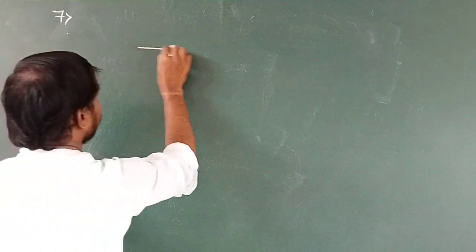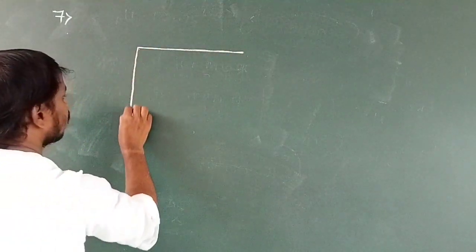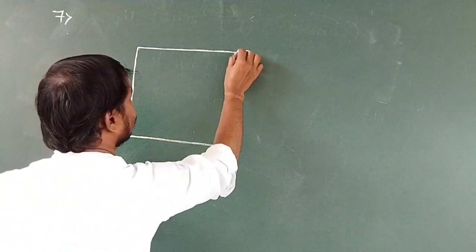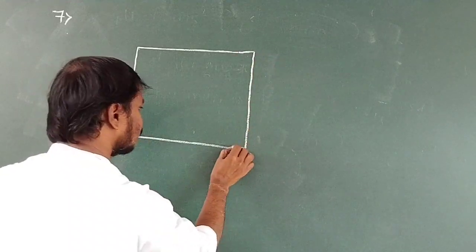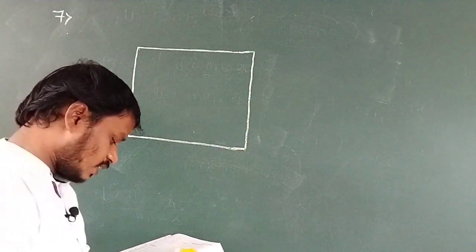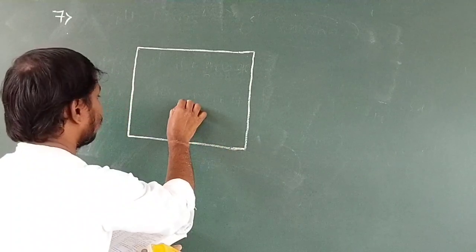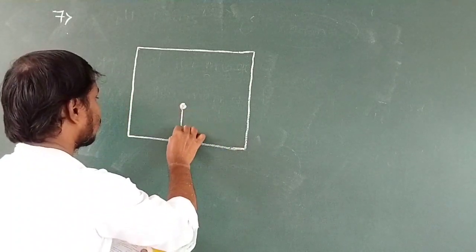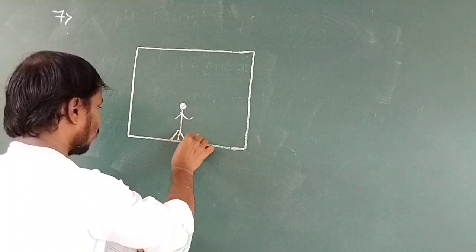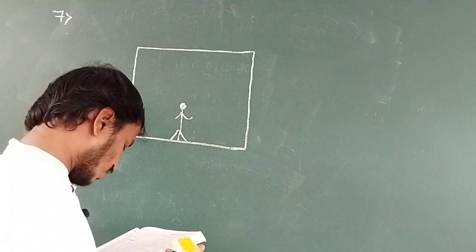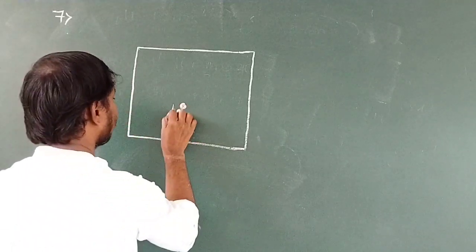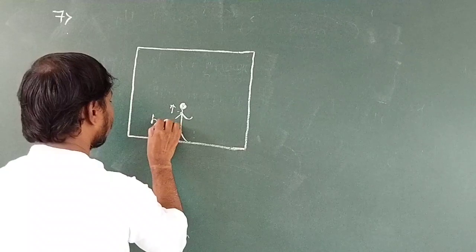So let us take this is a room. A person standing in the center of the room. So there is a person. Now 12 meter high. What is the height of the person? Height of the person is 12 meter.